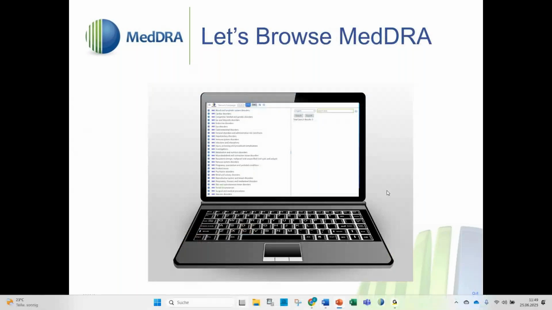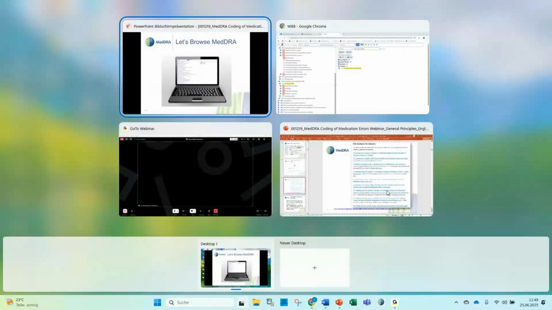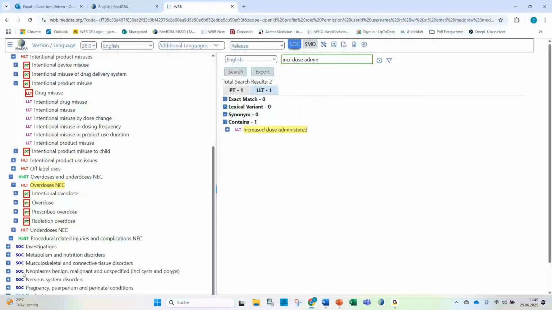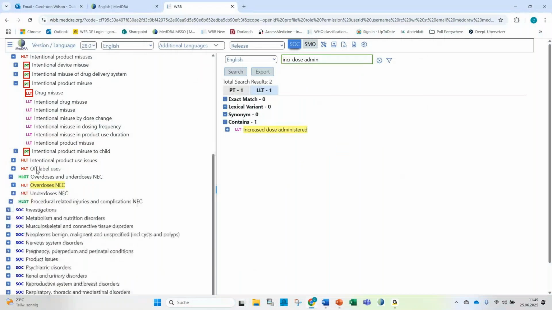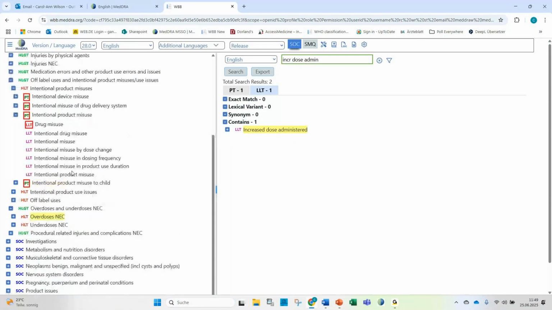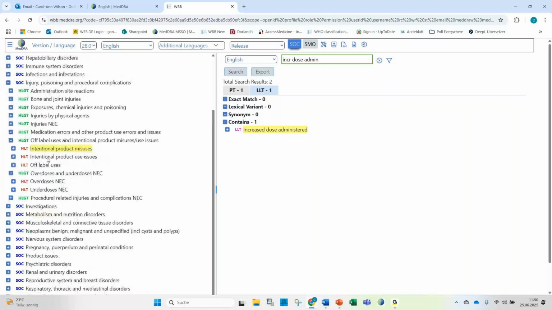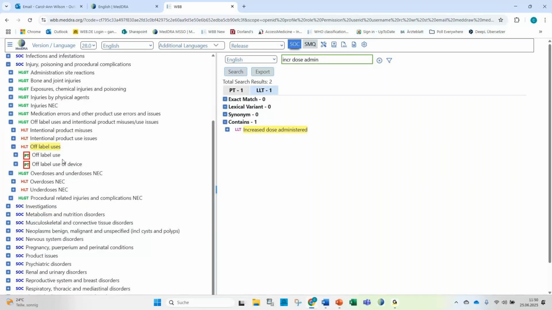So let me again show you in the browser. So here we have the HLT off-label uses under HLGT off-label uses and intentional product misuses and use issues. Here we are. And there's only 2 PTs underneath, off-label use and off-label use of device.